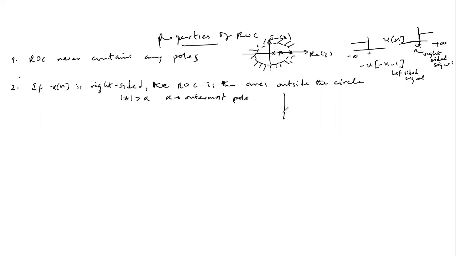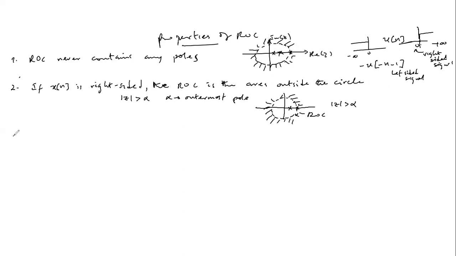So when we have something like this, in the previous example, we have one pole here, another pole here. So if this is alpha, then this is right-sided, meaning mod Z is greater than alpha. Then the region of convergence is the area outside the circle. That's the region of convergence.